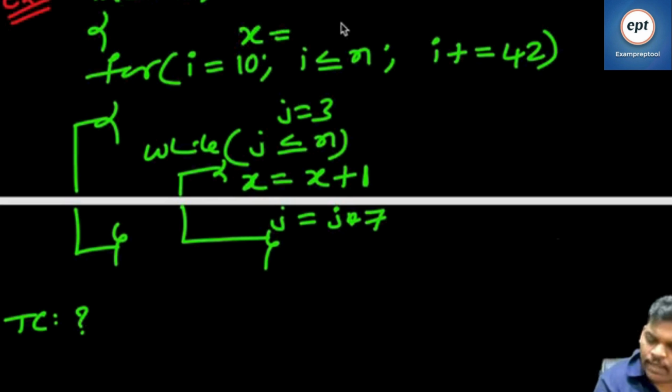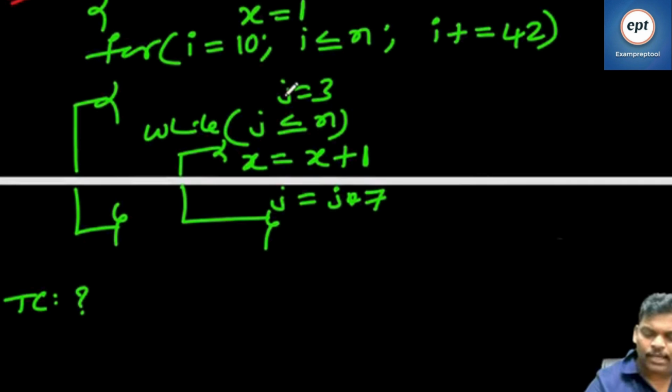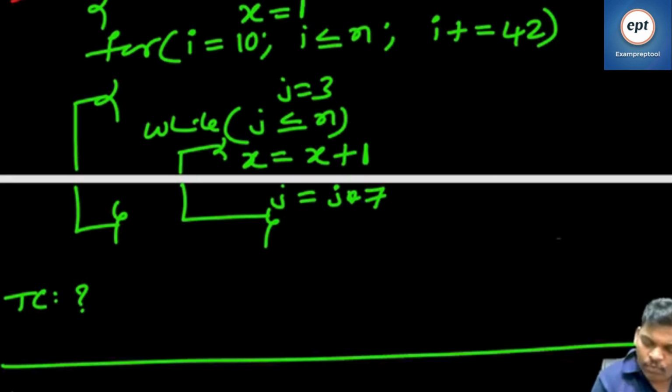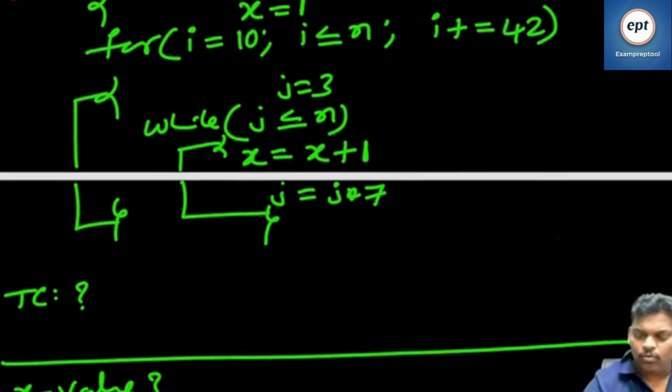X value is initially 1. I want the time complexity. I want the x value also.